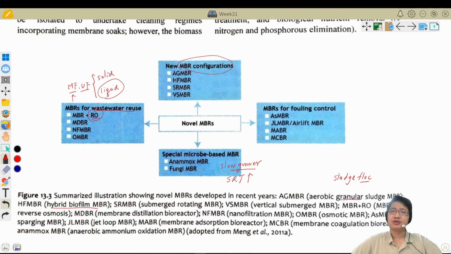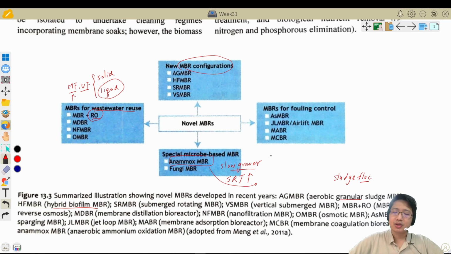That is why in traditional activated sludge systems you are unable to perform those kinds of SRT conditions. However, if you are using MBRs, there is no other interference to your SRT control. So you can keep it as long as you want for maintaining those slow growers to become predominant in your system. Here we can have an example, the Anammox MBR.